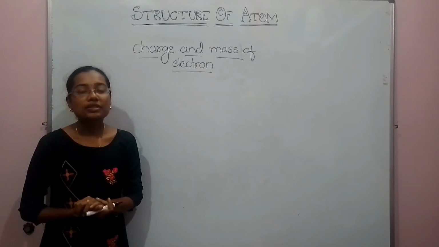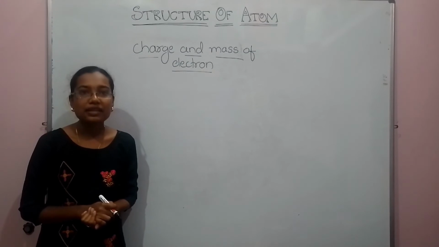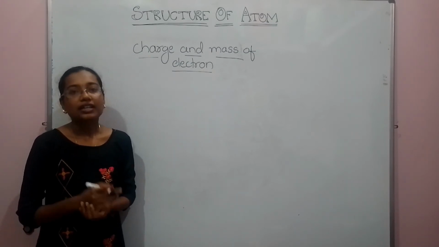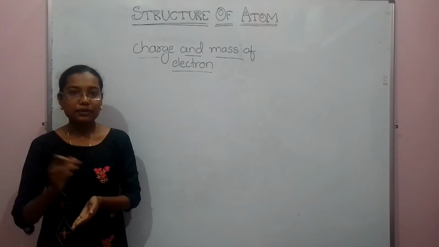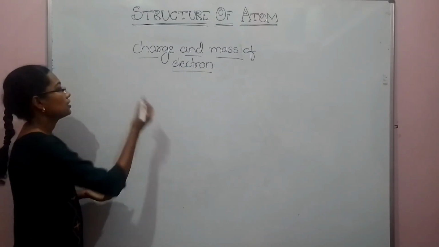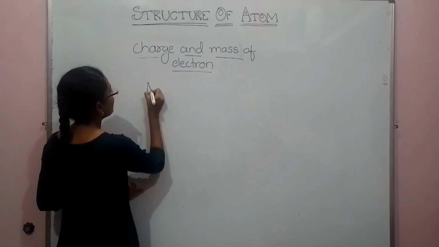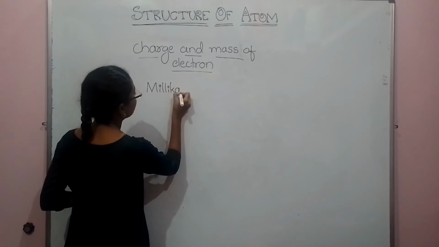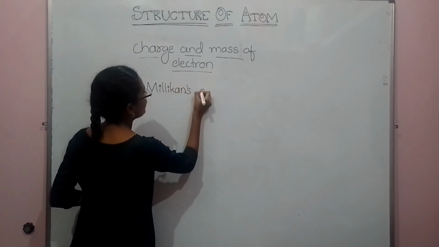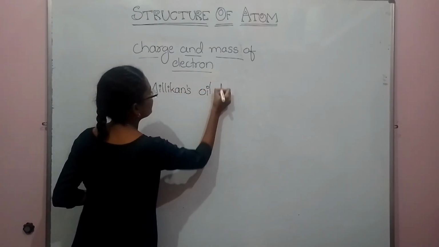After J.J. Thomson, another scientist came. His name is Millikan. Millikan did the experiment called the oil drop experiment, that is famously known as Millikan's oil drop method.